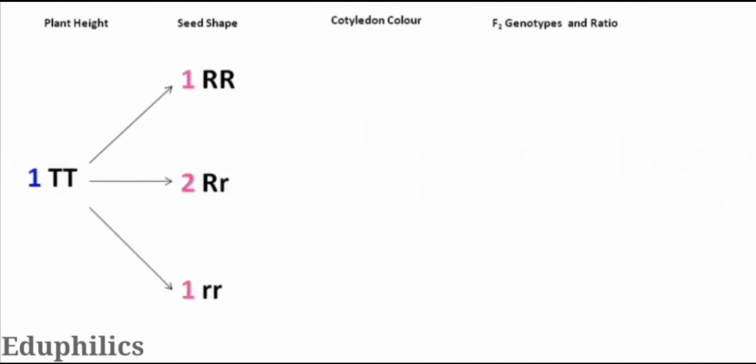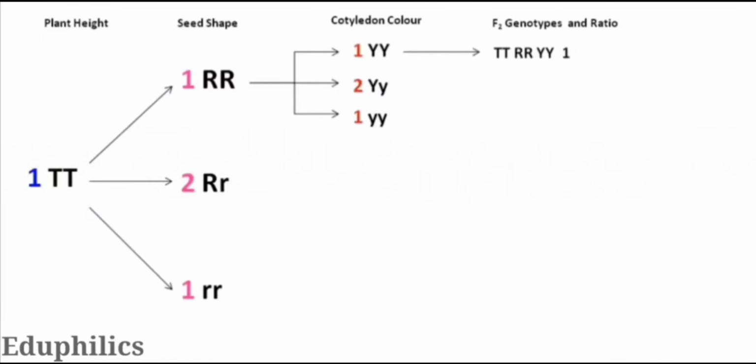The plant with homozygous tall genotype may inherit a combination of homozygous round or heterozygous round or wrinkled in the ratio of 1:2:1. This homozygous tall round plant may inherit three different combinations of cotyledon color. Among all the possible genotypes, homozygous tall round yellow genotype may occur at a proportion of 1/64.